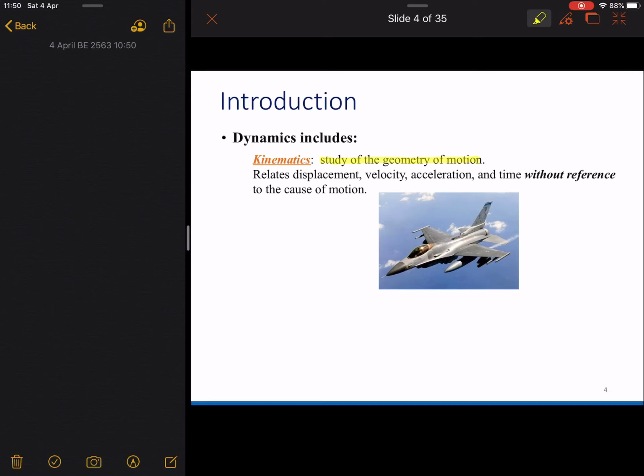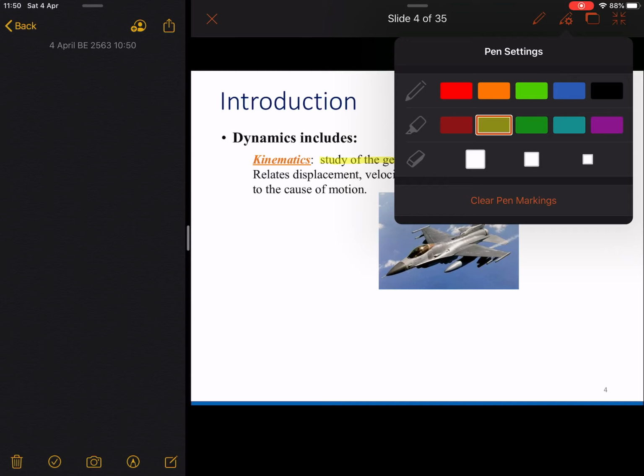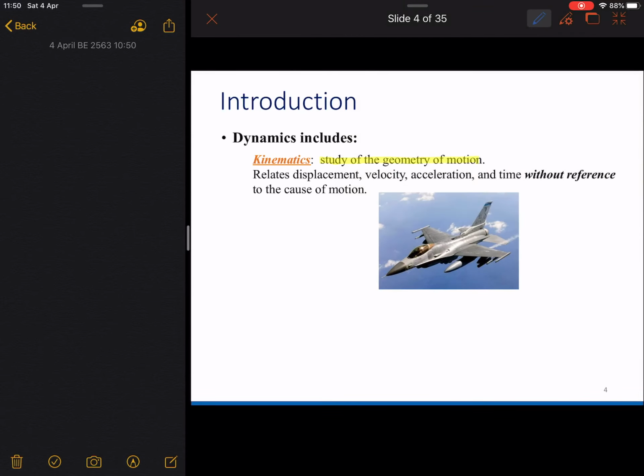For example, when we have a boy standing here, we say he moved from one location to another location, for example in 1 second. We are only interested in the displacement, which is maybe 5 meters, and in the velocity.